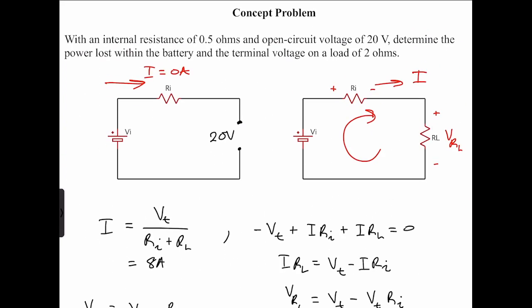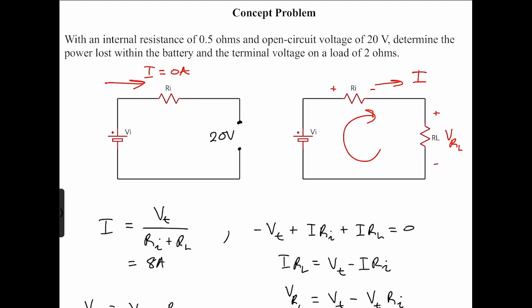And to go over that again, when the circuit is open, the voltage at the open circuit will be equal to the voltage of the battery. And once a load is connected, there will be a voltage drop across Ri that will affect the voltage seen across the load.